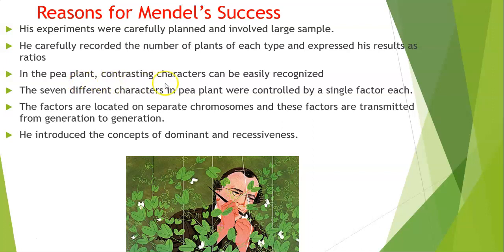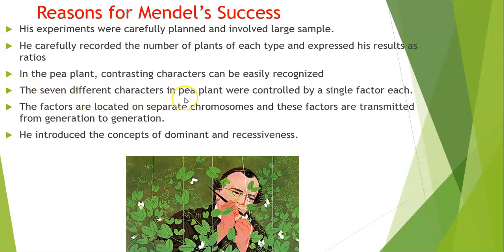In the pea plant, contrasting characters can be easily recognized. He was lucky because the characters that he used always had one trait at a time and a contrasting trait with it. For example, if he was working with a tall plant, the contrasting character that he had was a dwarf plant. He never came across any intermediate characters.